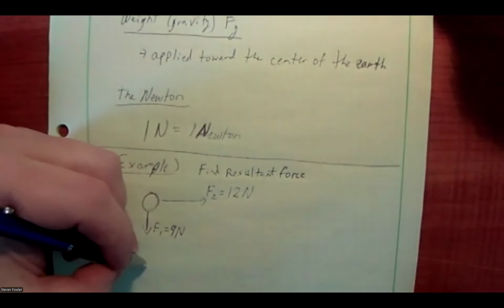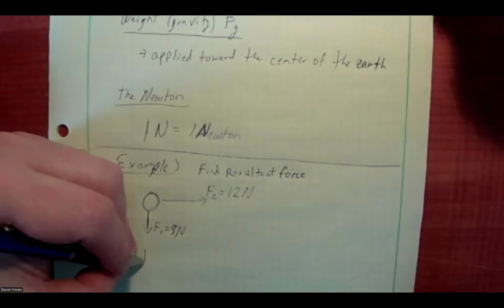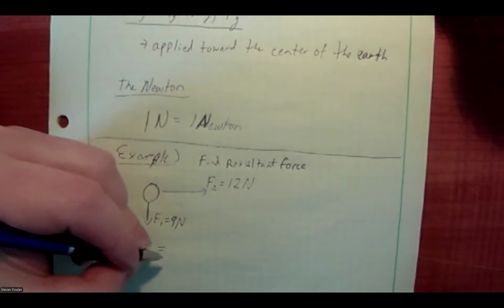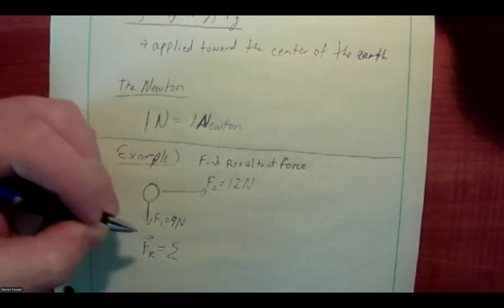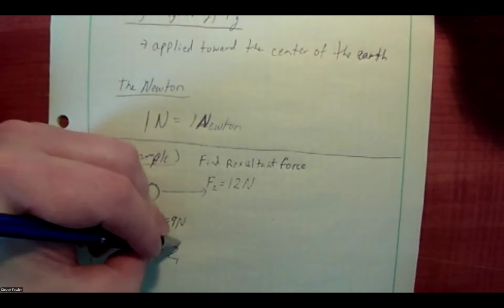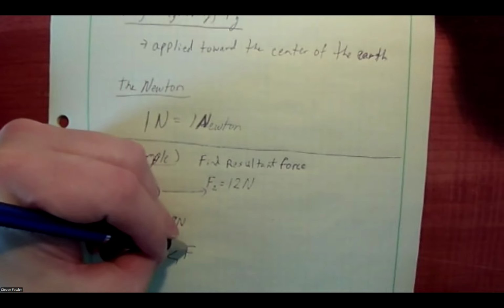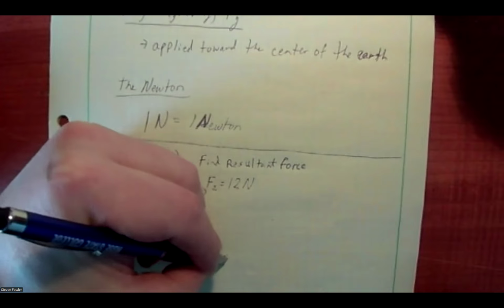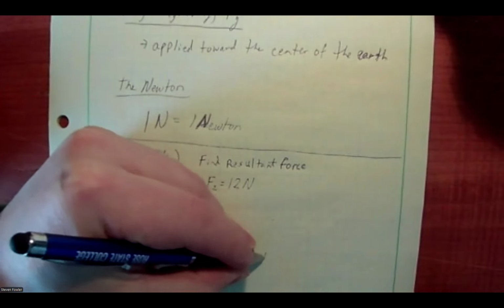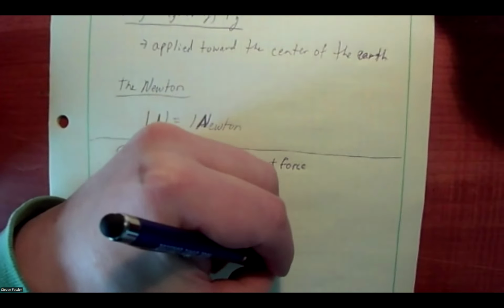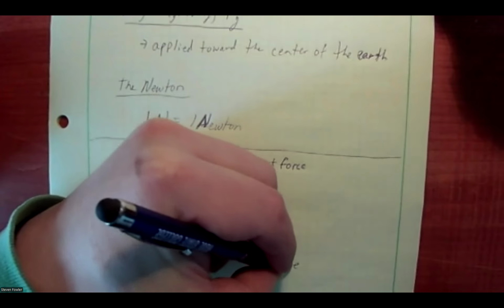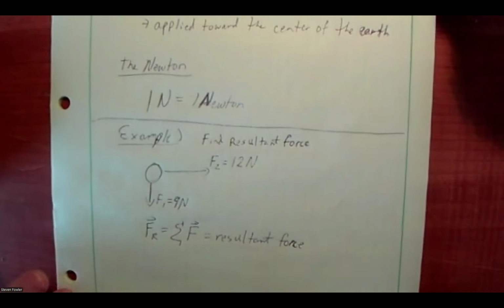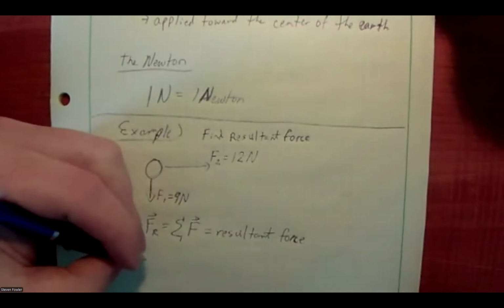So a common way we would write the resultant force, I mean, you could write it as force sub r, but really what we normally do is, if this is a vector, we would write a summation sign. The summation sign refers to the resultant force. A summation of vectors refers to the resultant of those vectors. We're going to add up all of those vectors.